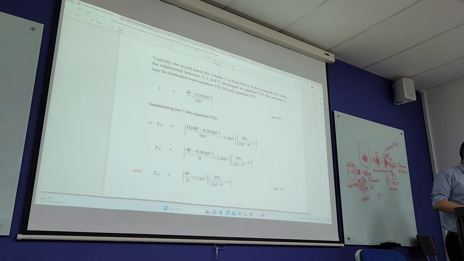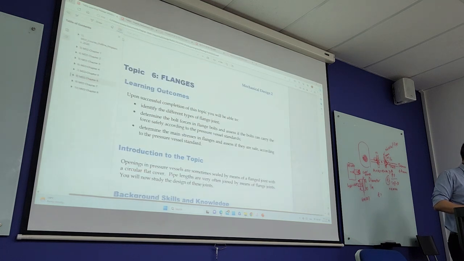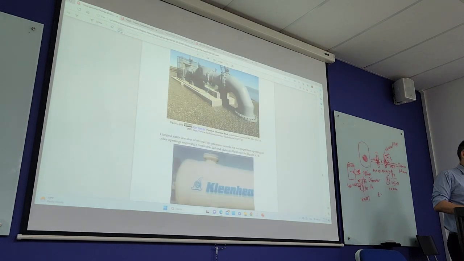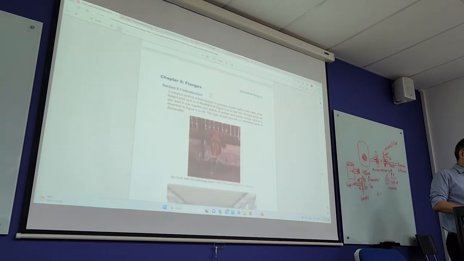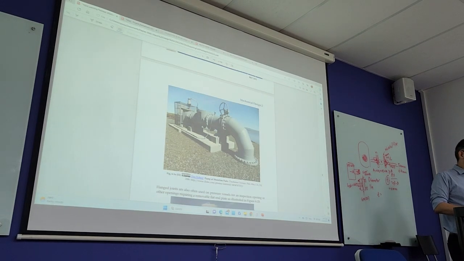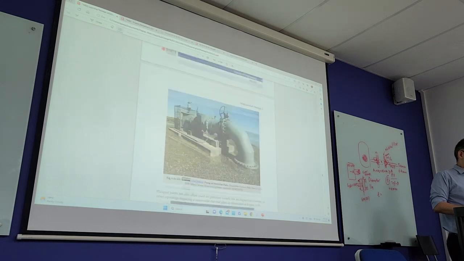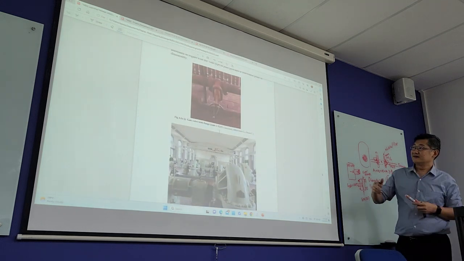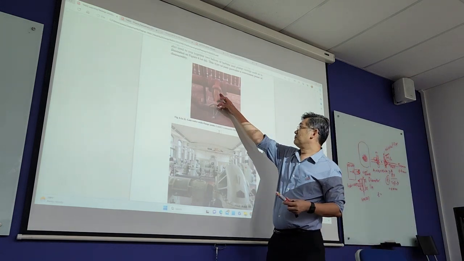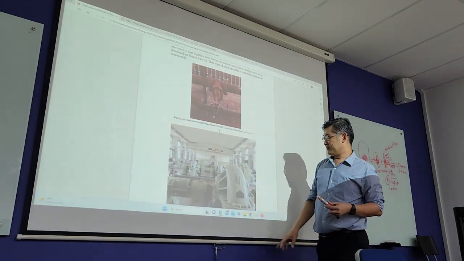So this one exactly is in our learning package. This chapter 6 actually shows what I explained to you. You can see the cover like this one, with the bolt, covering the pipe.